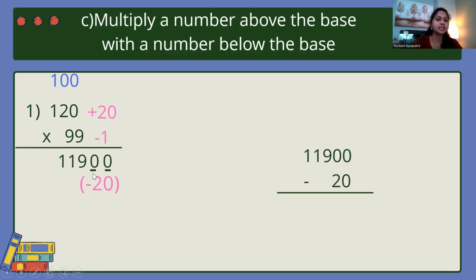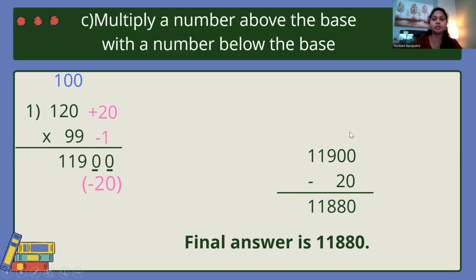We will subtract this minus 20 from this answer. Here, we will do the calculation and we know how to solve the problem. Okay. So if we do the subtraction, we are going to get this answer, 11,880.